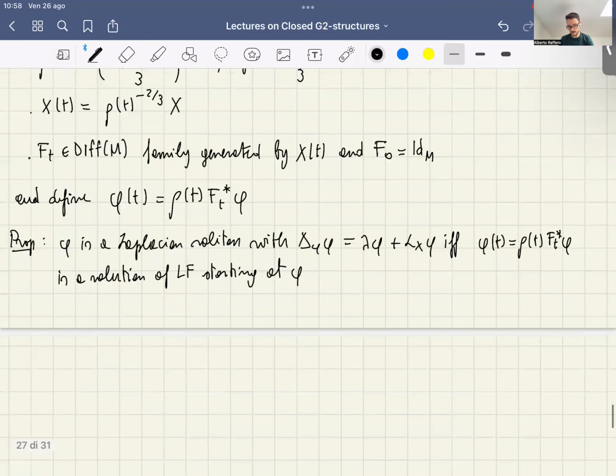And so this is again similar to what's going on for the Ricci flow.